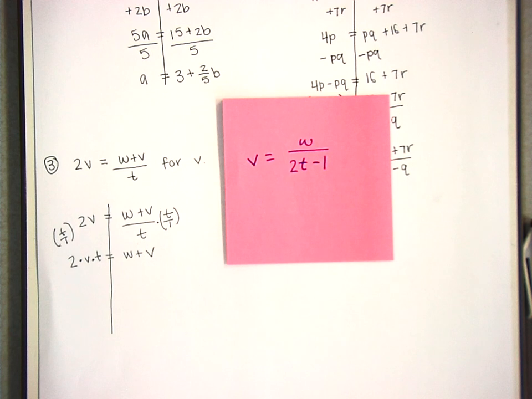Divided by V is... so V divided by V is just 1. It would be 2VT. Does that make sense?